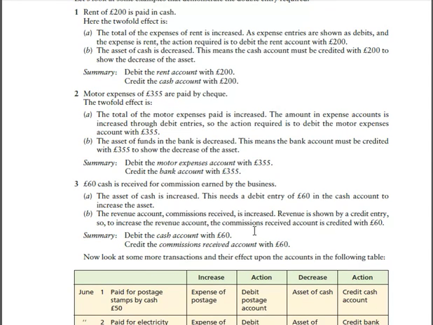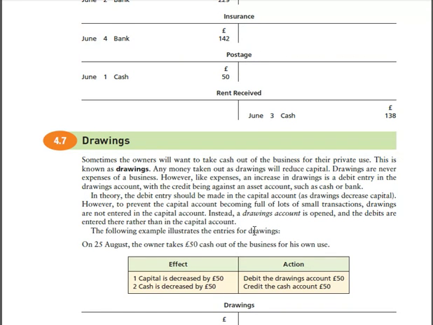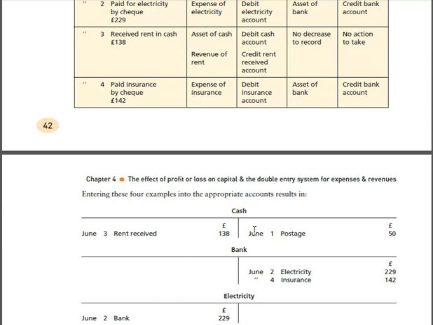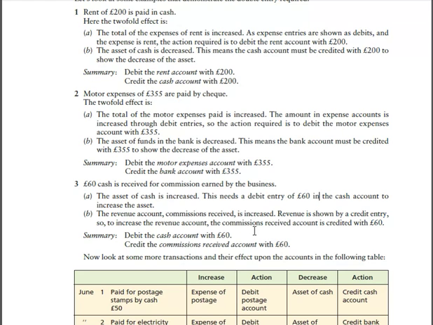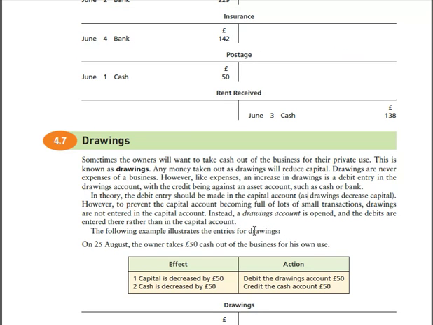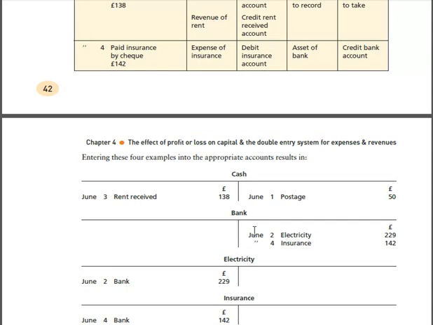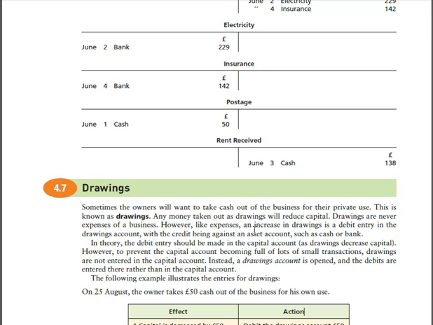We would use the first entry and plot a rent account which would be debited, and then plot the cash account which would be credited as a result of the rent being paid. You could further look into these transactions and plot all of them.